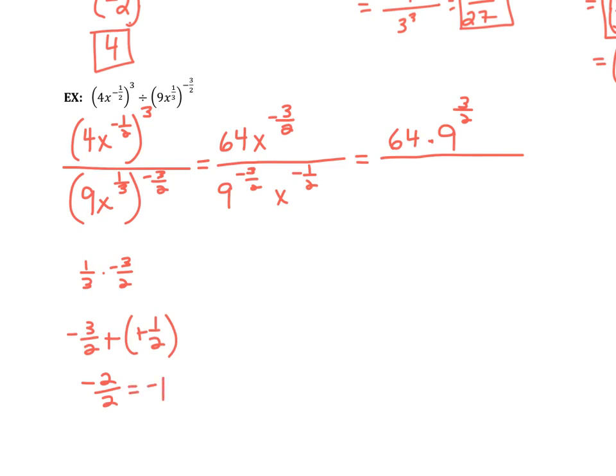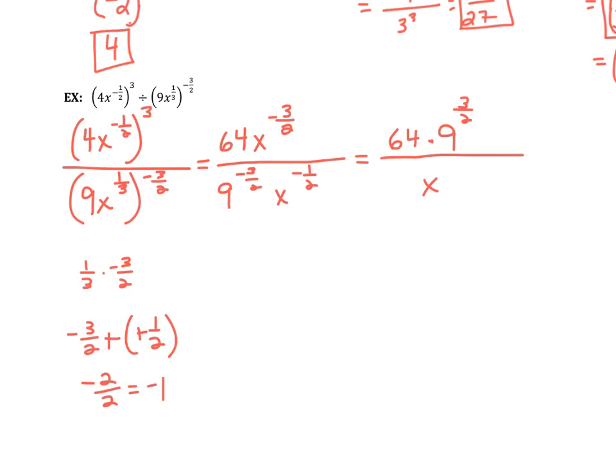Not sure how many steps you need to think through on that one, but it is going to end up being x to the negative first. So initially it would be in the numerator as x to the negative first, but it will indeed go to the denominator eventually and become x to the positive 1.